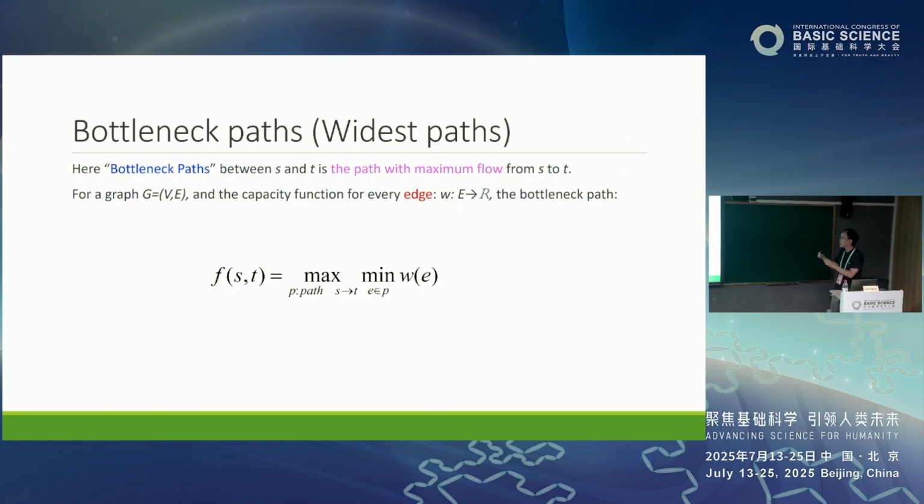The bottleneck path problem is that we want to find a path with maximal flow from S to T. That's the one path with maximal flow, and the flow depends on the minimal capacity on that path. So we want to maximize it. The bottleneck path is also called the widest path.